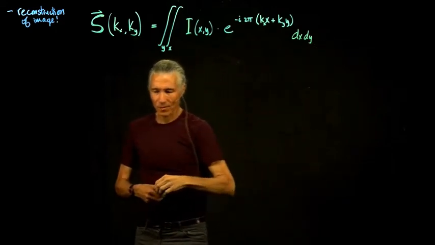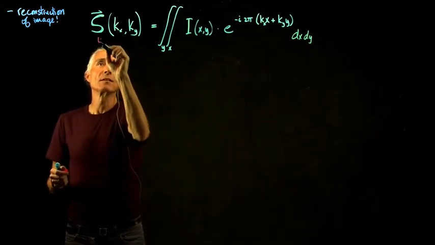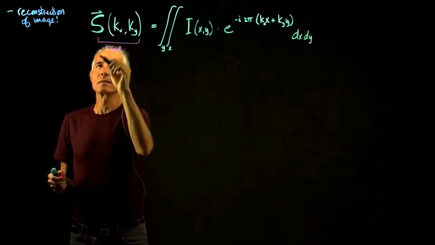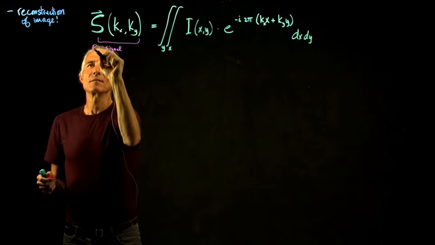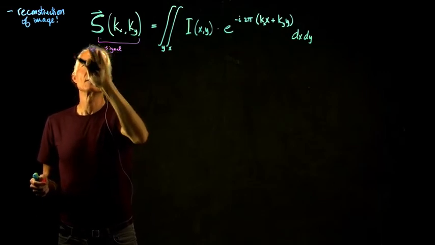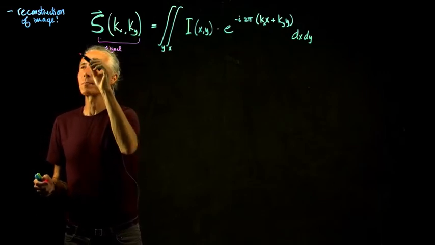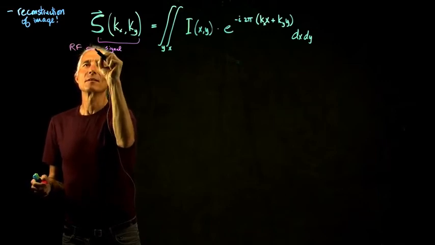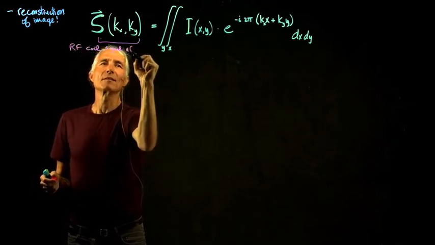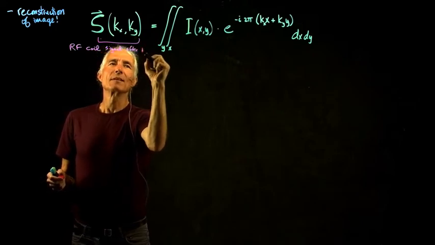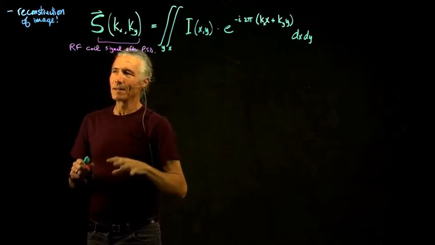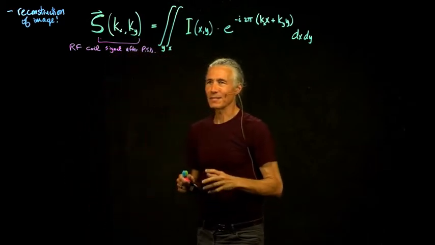So what are the parts here? So this is the signal. RF coil signal after phase sensitive detection to bring us down to the rotating coordinate system, all that stuff.